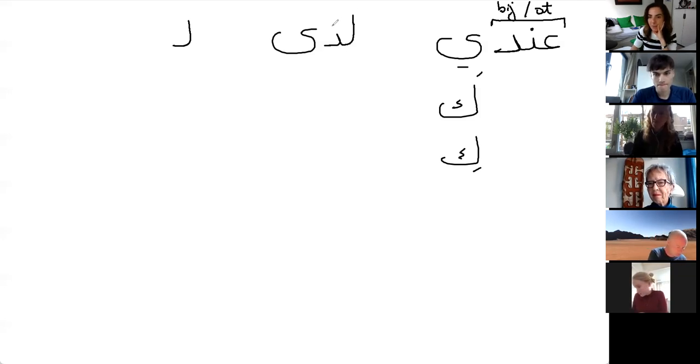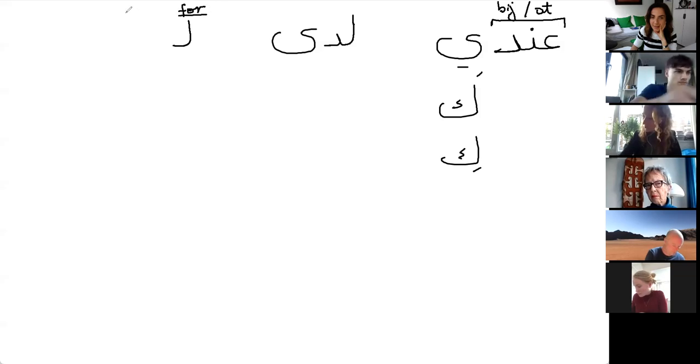Okay, the 3 of them, this one as well, it means the same. Lada also means by, at, and li means for in English, and in Dutch, I think aan.